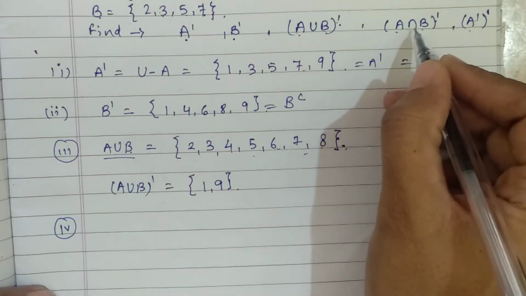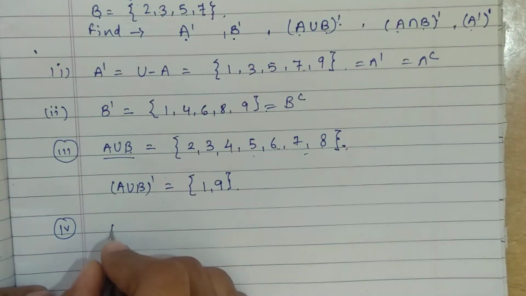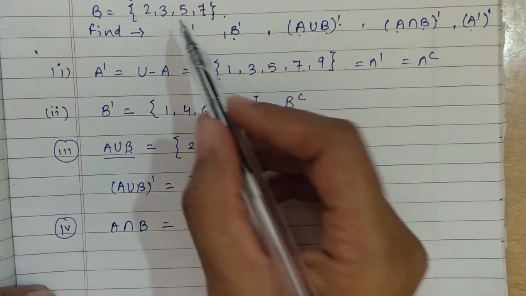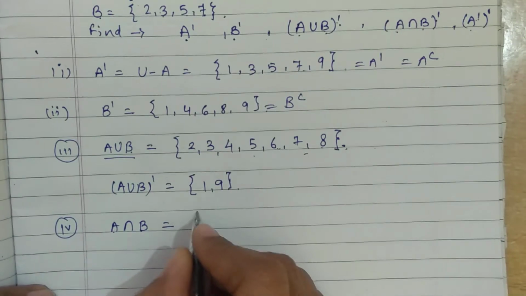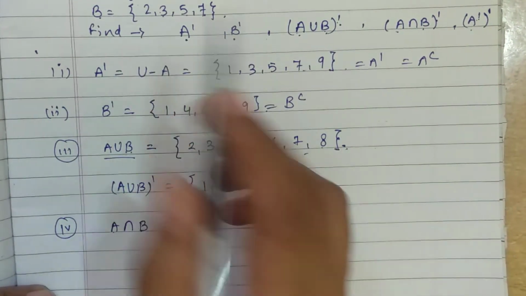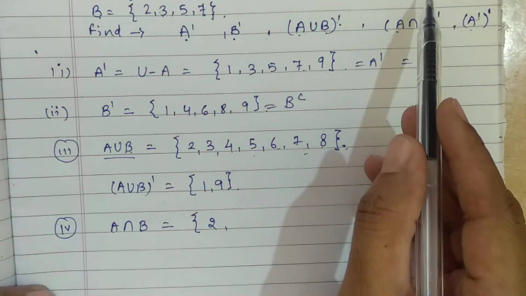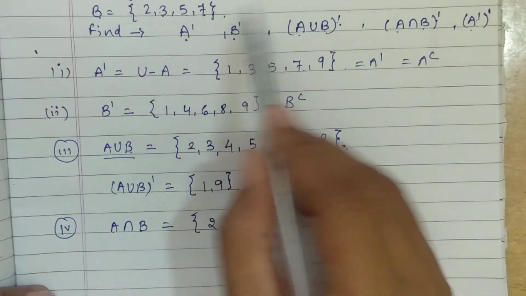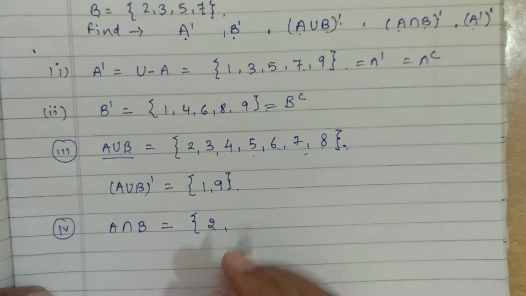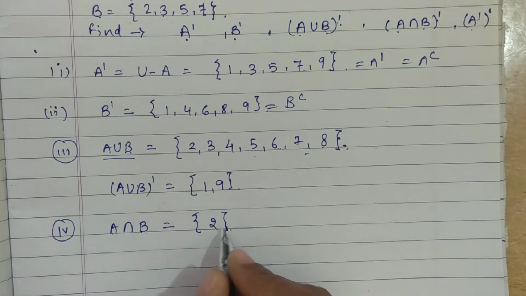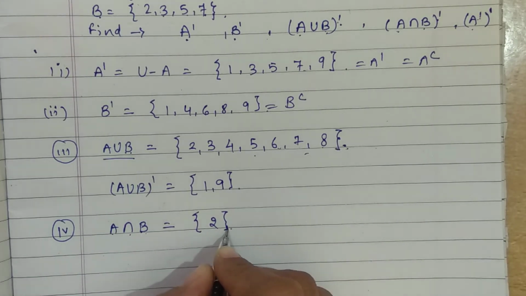Now next is A intersection B complement. So first we find A intersection B. A intersection B means what is common in both. In these sets, 2 is common in both A and B, and I think there is no other element which is common. So A intersection B is equal to only 2, only one element.